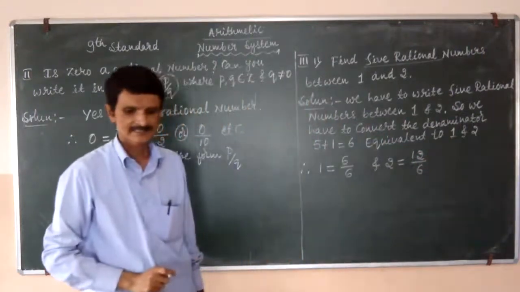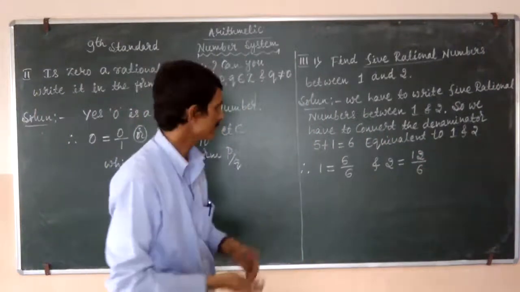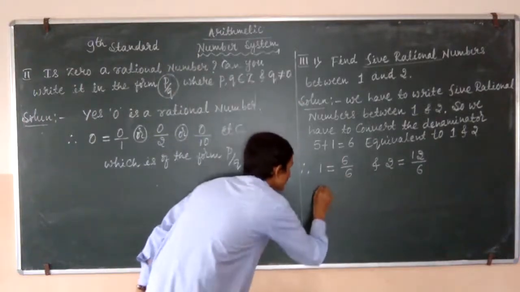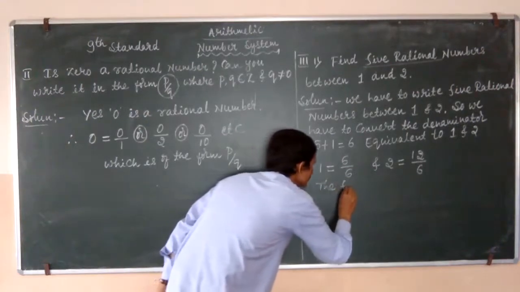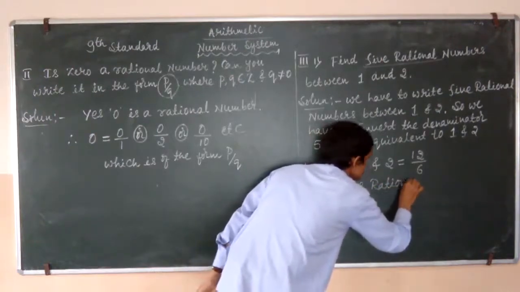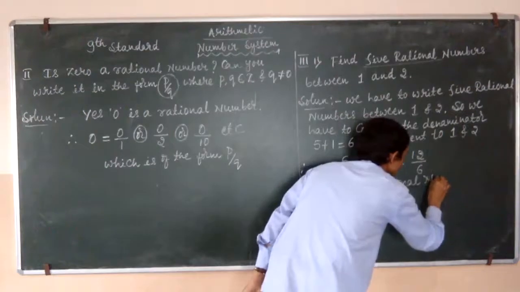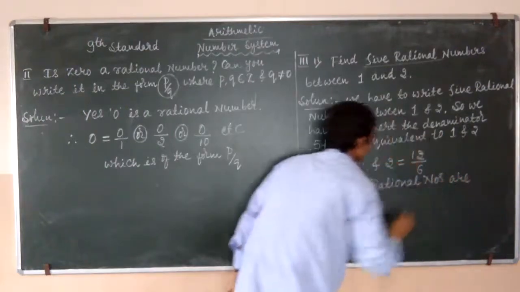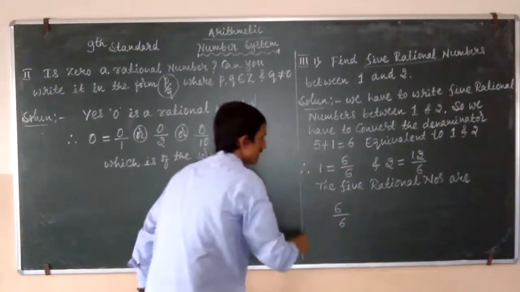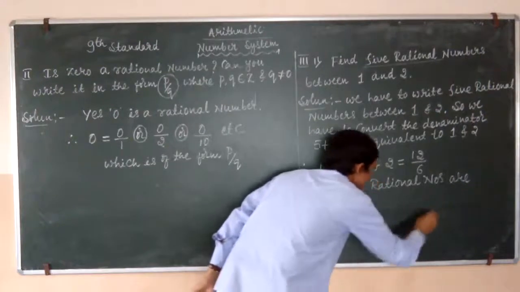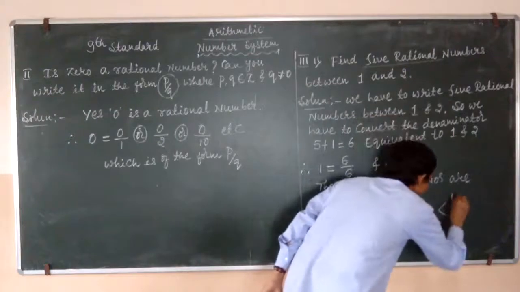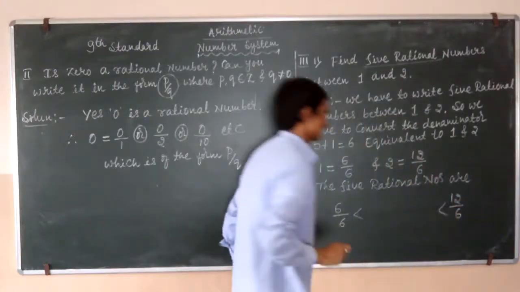So therefore, in between these two numbers, the 5 rational numbers are, 6 by 6, that is 1, which is always less than these numbers, and 2 expressed in the form of 12 by 6.